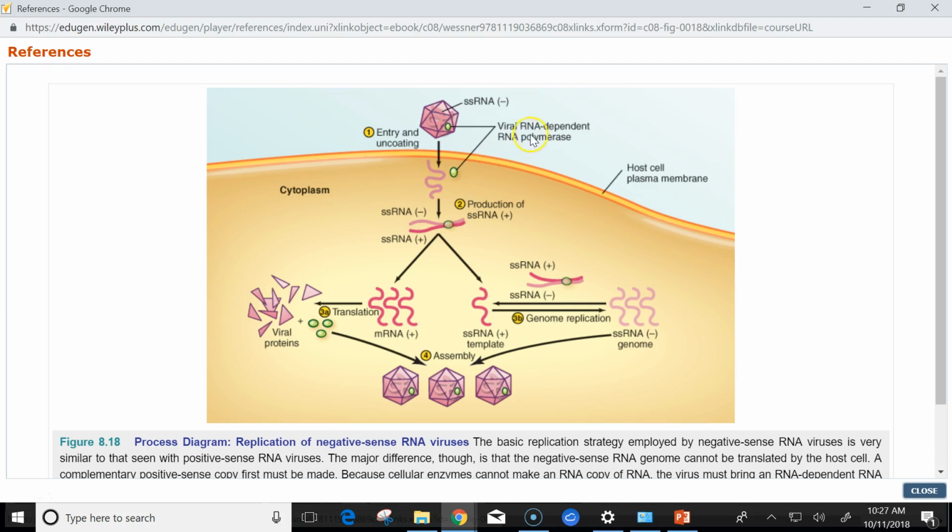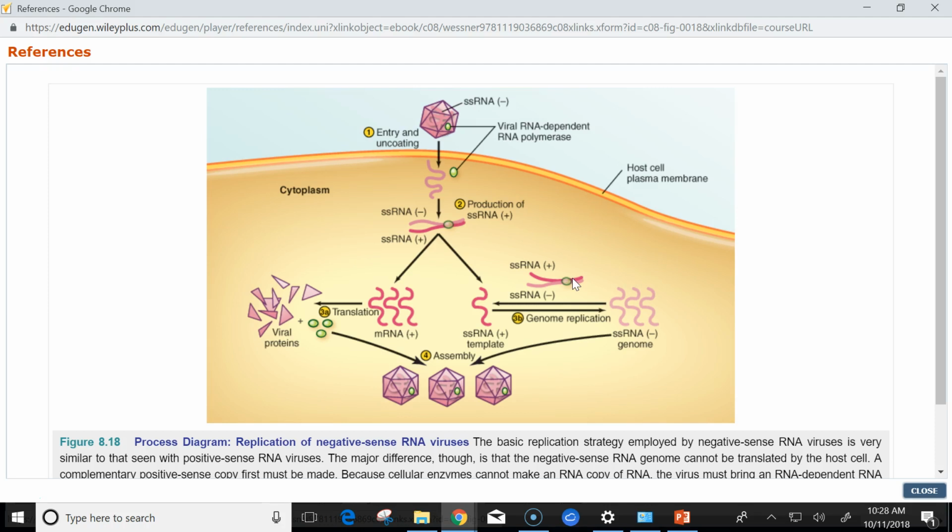And so notice that it comes with viral RNA dependent RNA polymerase. Because it's minus strand RNA, it comes with its own enzyme to make the plus strand. Because again, we don't do that in our cells. We don't even make negative RNA. We make positive messenger RNA. So they've got an extra step they've got to do, these types of viruses.